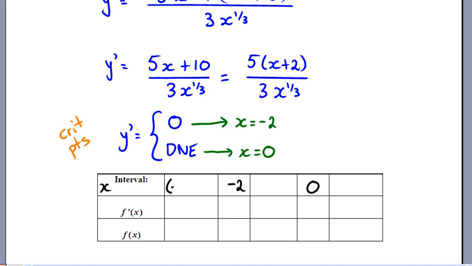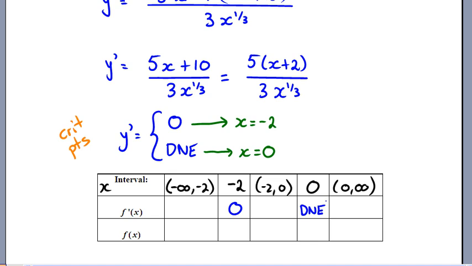So we have all the numbers in the world from -infinity to just about -2, all the numbers from -2 to 0, and then all the numbers from 0 to forever. And I know that the derivative is 0 here and broken there. So the derivative is broken, but the function's fine at x equal to 0.